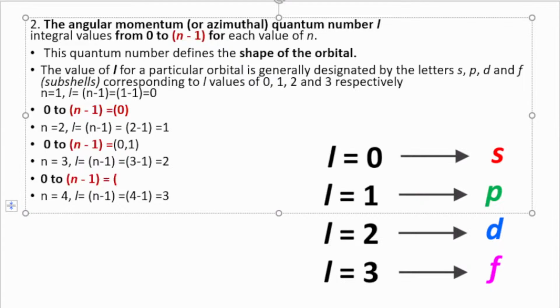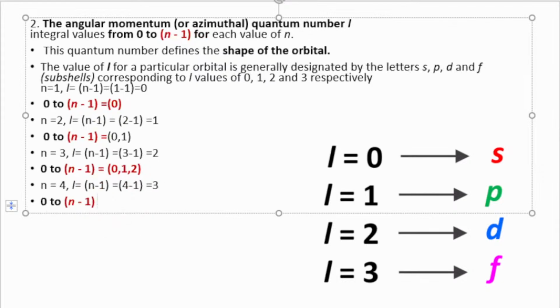That means 0, n minus 1 as 2, so 0, 1, 2. Did you get it, guys? Then for the fourth one, 0 to n minus 1 means 0, 1, 2, 3.